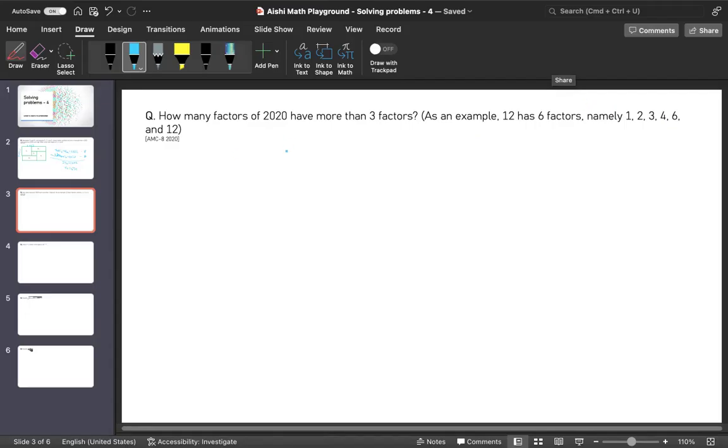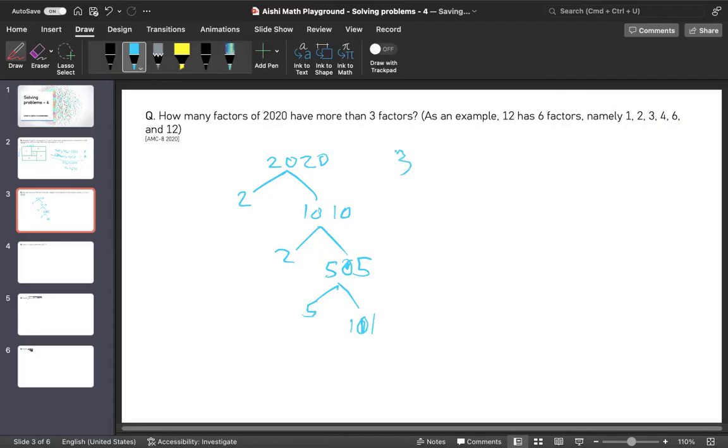So, I guess it's time to prime factorize. 2020, 1010, 505, 101. Alright, prime factorizing all done, we can write this as 2 to the power 2 times 5 to the power 1 times 101 to the power 1.